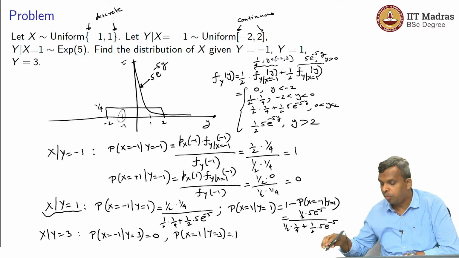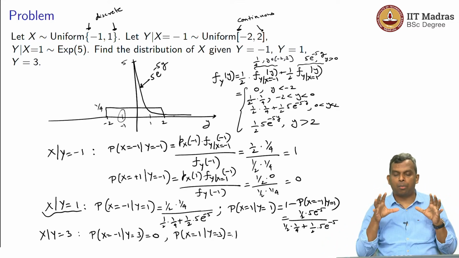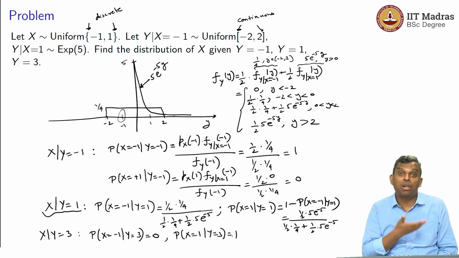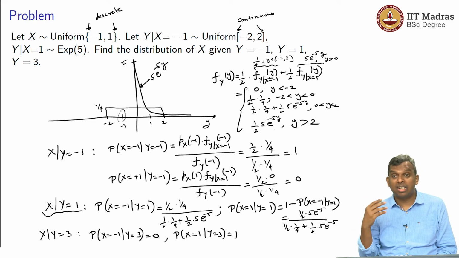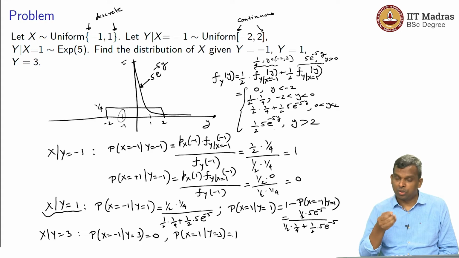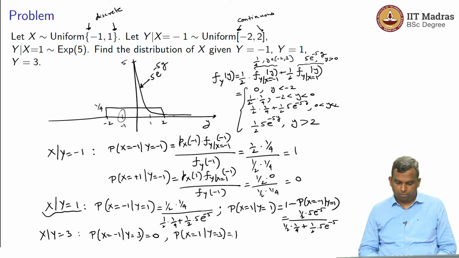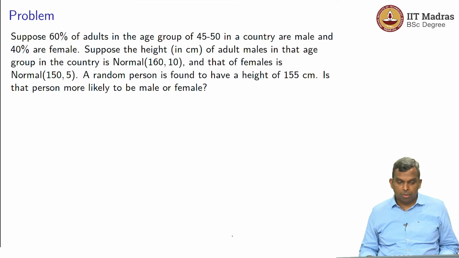Hopefully this example showed you how to apply that Bayes-like formula for conditional probabilities of discrete given continuous. The continuous given discrete ends up being a density, but for the discrete given continuous, you can use a Bayes-like formula using densities instead of probabilities. All right. So this is the first problem.